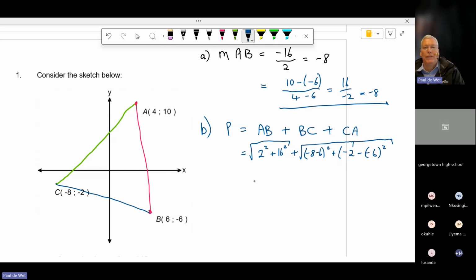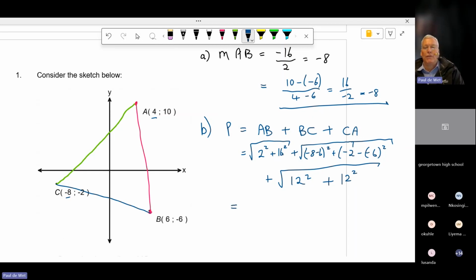And the last one, CA. I'm going to do CA a bit more quickly. How much does it run across from -8 to 4? -8 to 4 is 12. And from -2 to 10, 12.